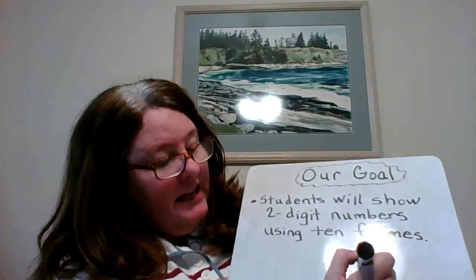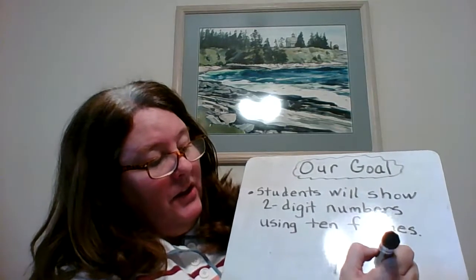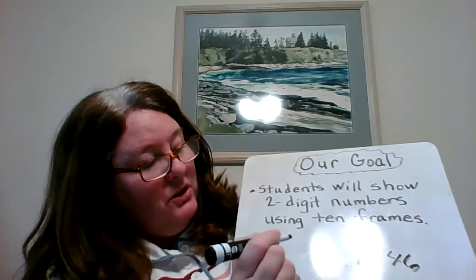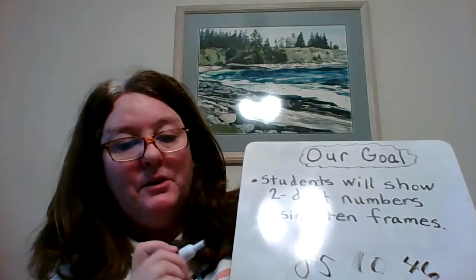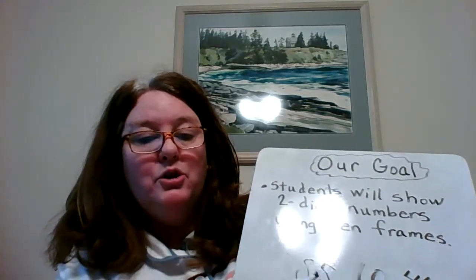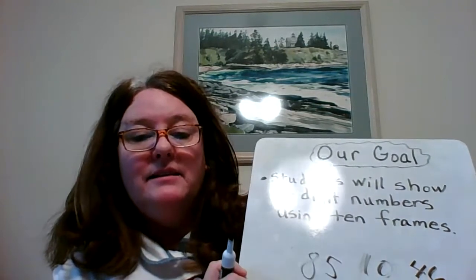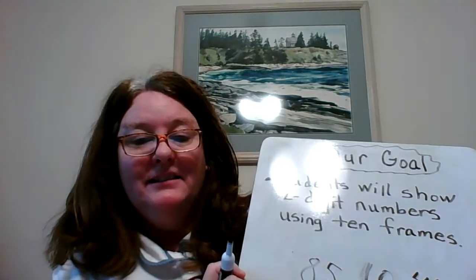Like the number 10 is a two-digit number. The number 46 would be a two-digit number. The number 85 is a two-digit number because it has two numbers, two digits. One is in the tens and one is in the ones place. Very good. So we're going to use 10 frames this time to look at two-digit numbers.